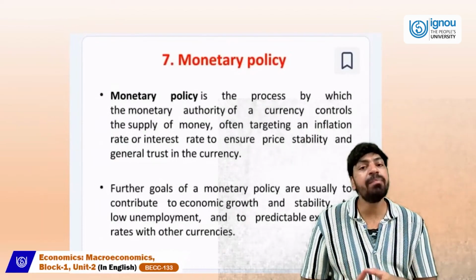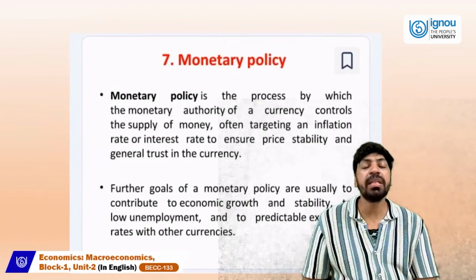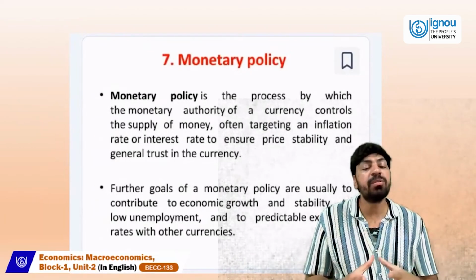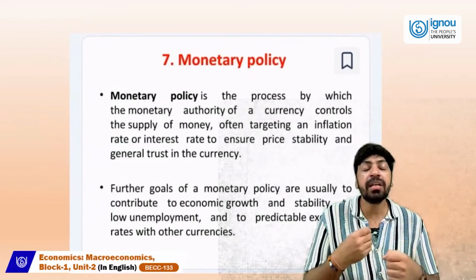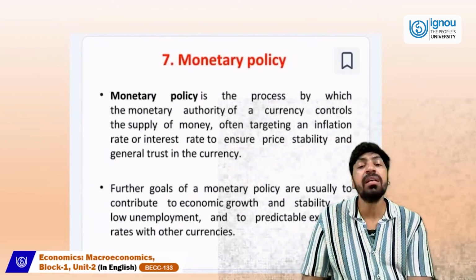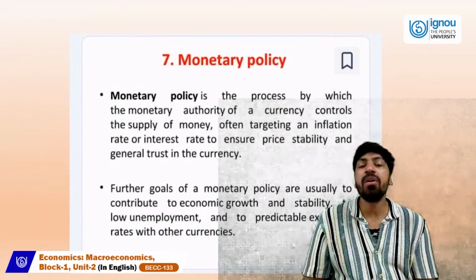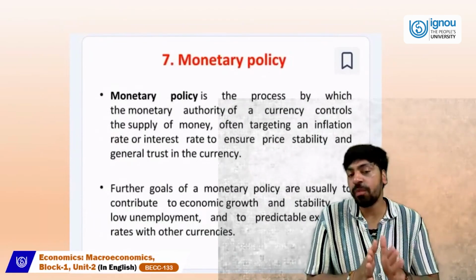One of the main purposes of monetary policy is to maintain the price stability of goods and services, and automatically create a general trust in the currency among the public. It's not limited to such objectives.